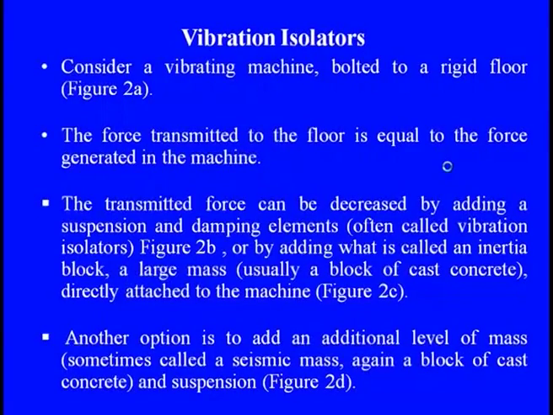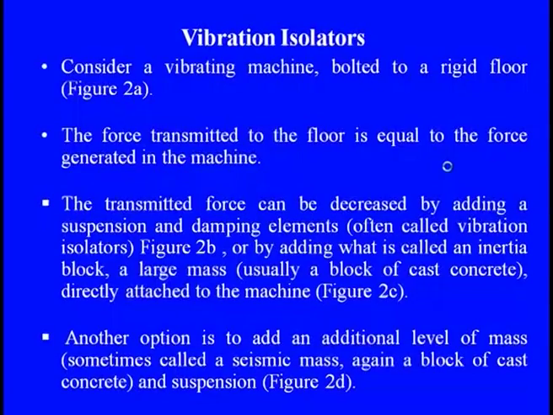Another option was to put an inertia block of large mass, maybe concrete, directly to the machine. Because sometimes the exciting frequencies are quite high compared to the natural frequency, and the spring and damper cannot be effectively adopted there.